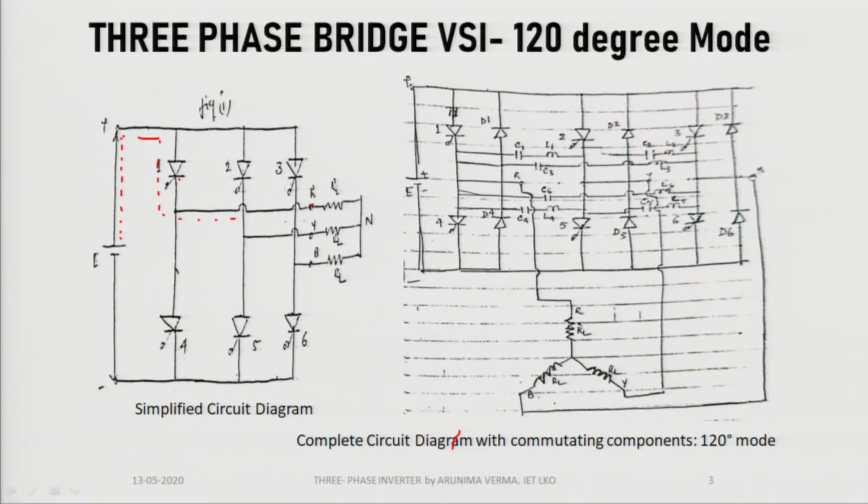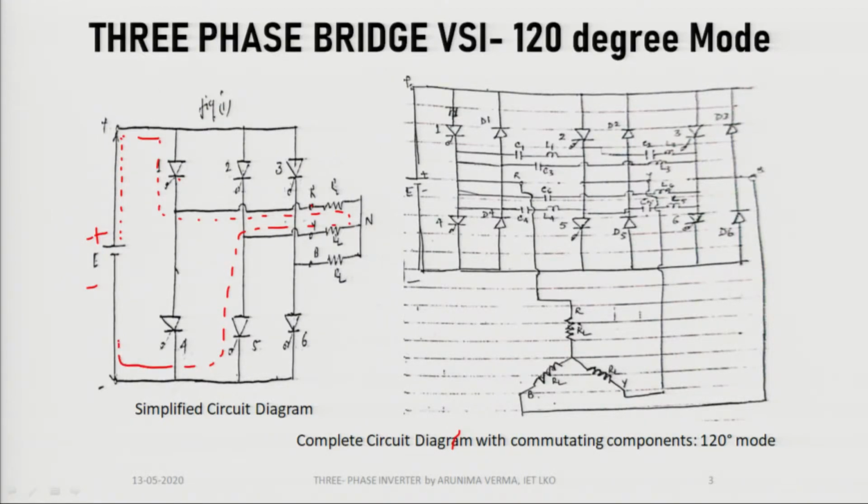Supply positive, then SCR1, RL, N, Y phase, SCR5 and back to negative. Is it clear? I hope this is clear.